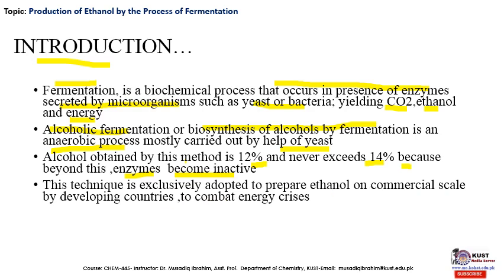Now this technique is exclusively adapted to prepare ethanol on a commercial scale by developing countries to combat the energy crisis, so that ethanol can be used as a source of energy in developing countries.